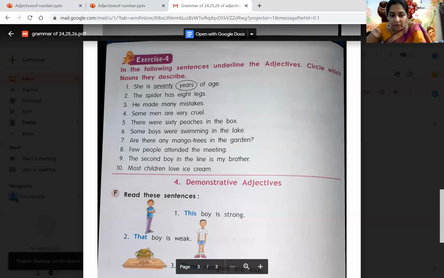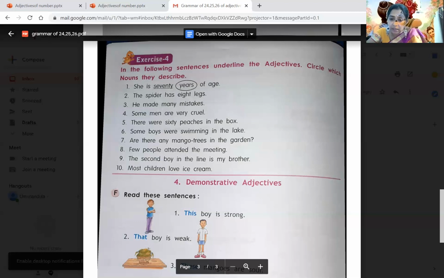Okay. Eighth one. Few people attended the meeting. Few people means a very small number of people. So few you have to underline, and people you have to circle. Okay, children. And the ninth one, the second boy in the line is my brother. Which boy? Second boy. First, second, third, fourth are also adjectives of number.